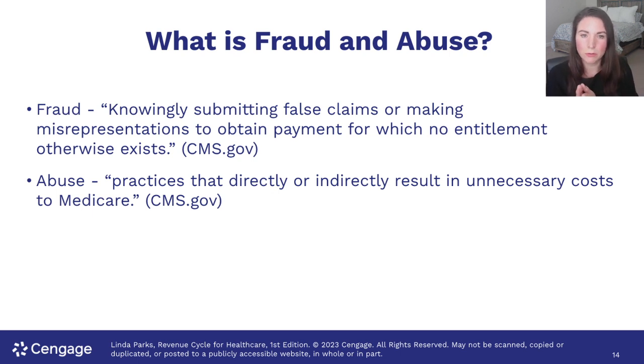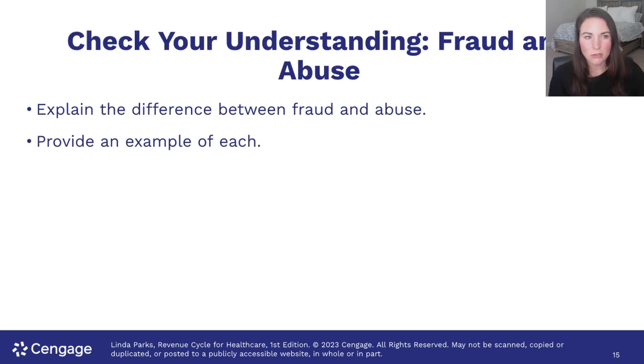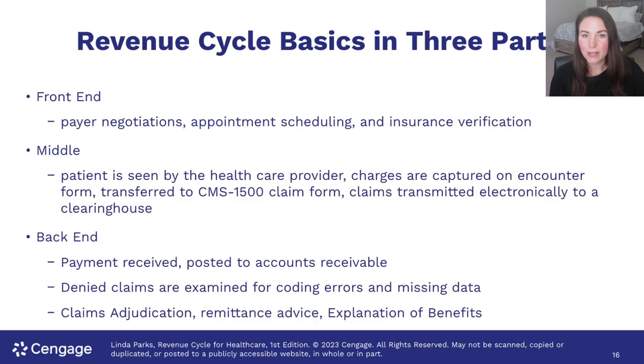Or upcoding would be, say they got this procedure done and you code for something just a step higher than that. Okay, and you can explain the difference between fraud and abuse on your own if you'd like.